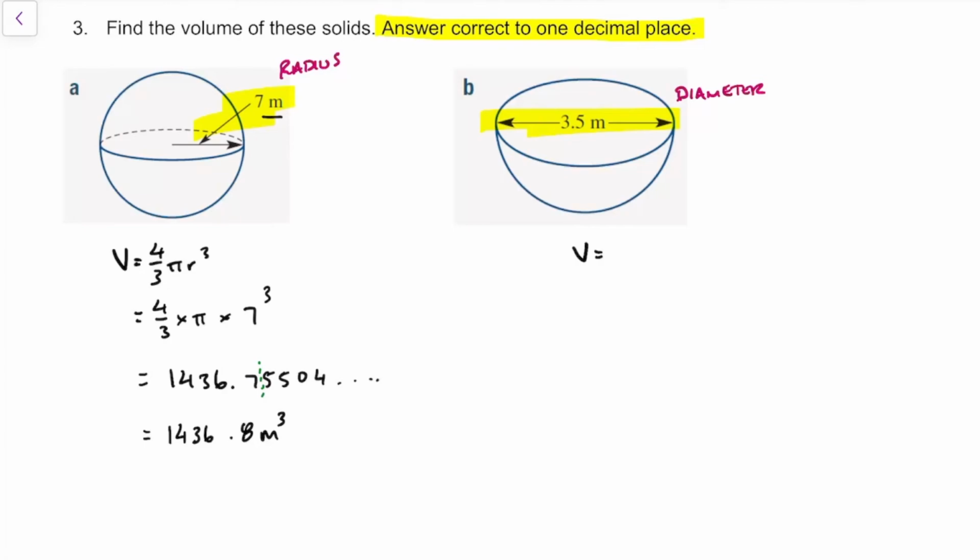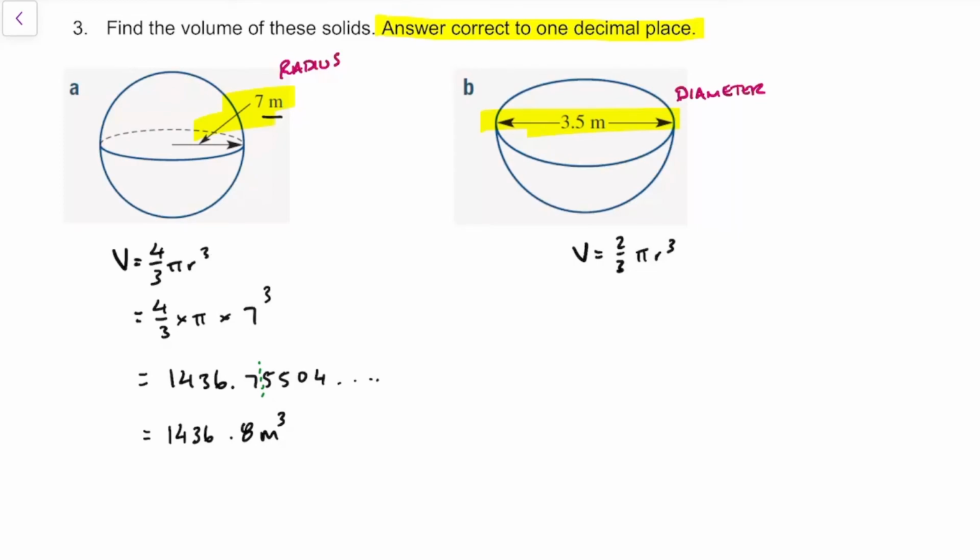V equals 2/3 this time pi r cubed, simply because that hemisphere is a half of the sphere. If this full sphere is 4/3, then half the sphere is only 2/3. Okay, so 4/3 for the whole sphere and 2/3 for the half sphere, right? So we've just halved that sphere to get to it.